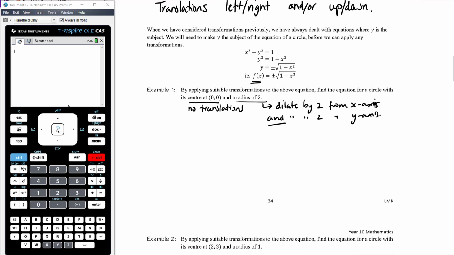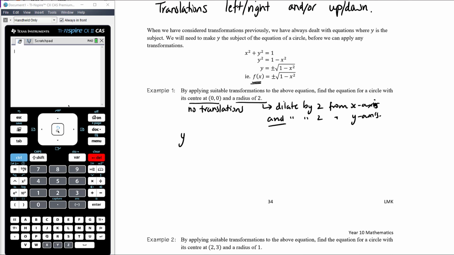Okay, so that means that we need to find the equation is going to be y equals f of dilating by 2 from the x-axis will be 2 times f of x, and then dilating by 2 from the y-axis is going to be half x, okay? Or maybe we write that as x on 2. So remember, it's about the reciprocal of that number. So if we have half x in there, that's a dilation by the reciprocal of half, which is 2 from the y-axis. So let's do that for this function, okay?